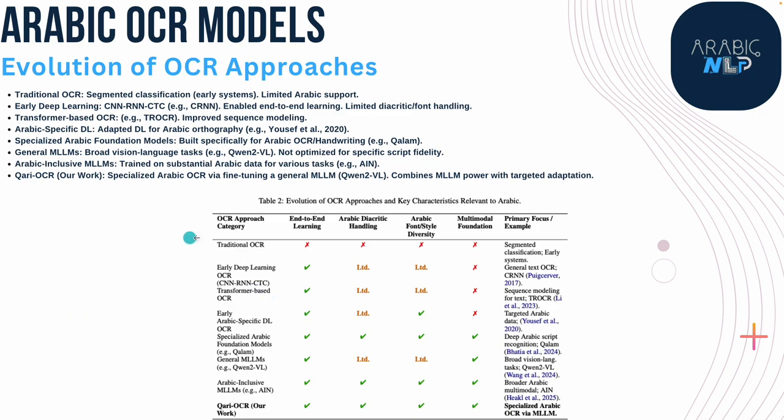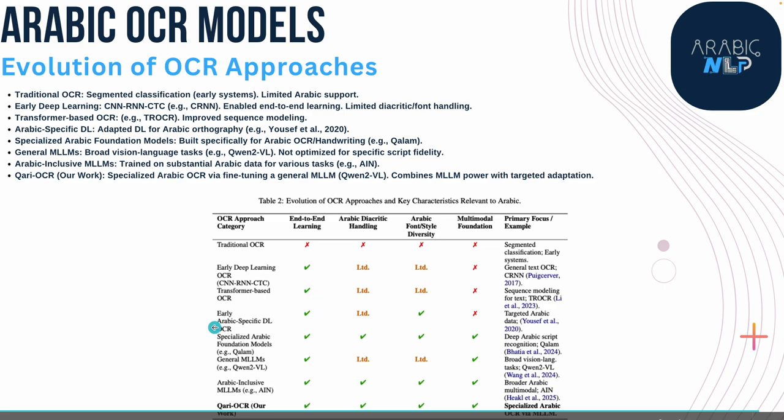Then transformer models improved how AI understands sequences of text, which is very helpful for OCR models.